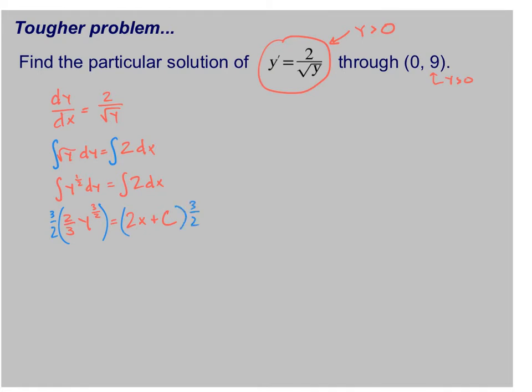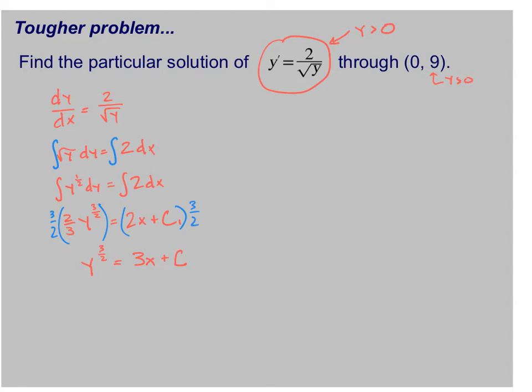And that's going to give me y to the 3/2 power. So I've eliminated that coefficient out in front. 2x times 3/2 is 3x. c times 3/2 is some other constant. So I better go back and tag this as c sub 1.